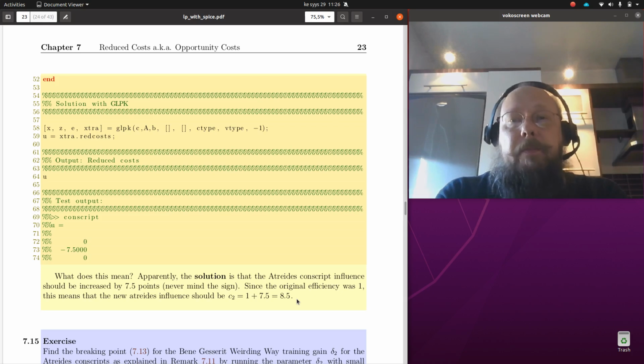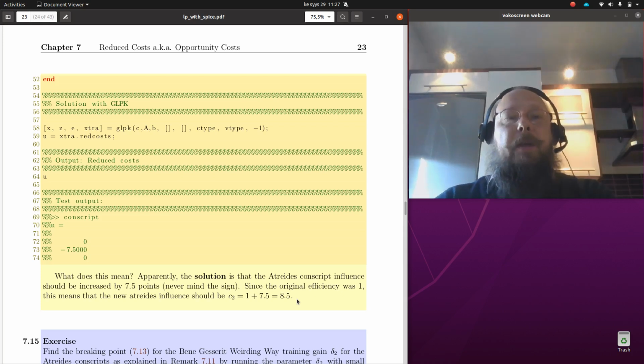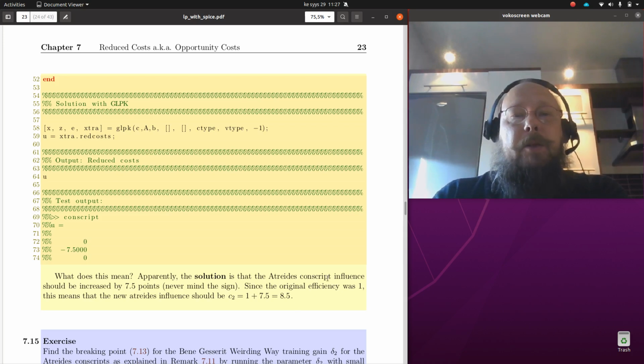And this result tells us that this weirding way fighting technique should increase the Atreides conscript influence or efficiency. I apparently used them as synonyms here. It should increase them by at least 7.5 points.